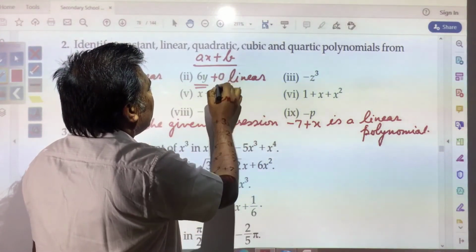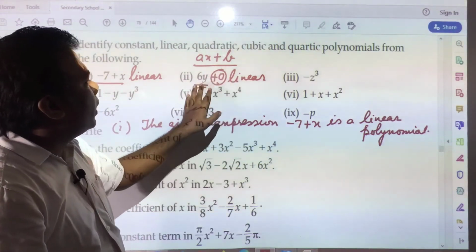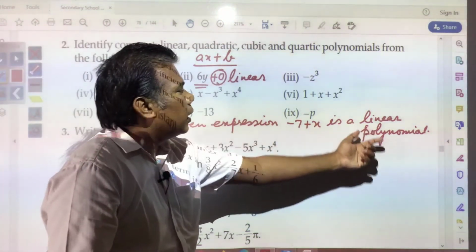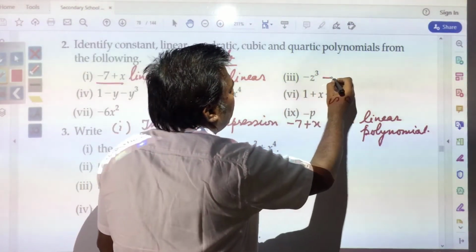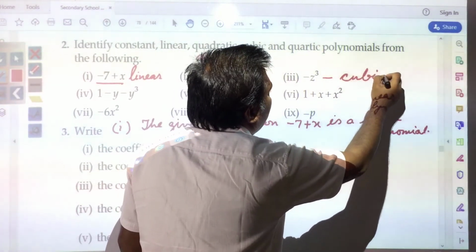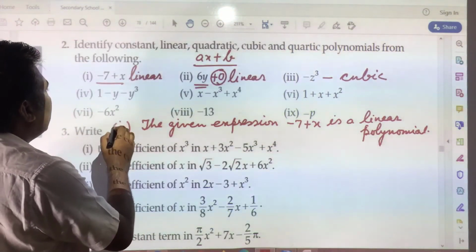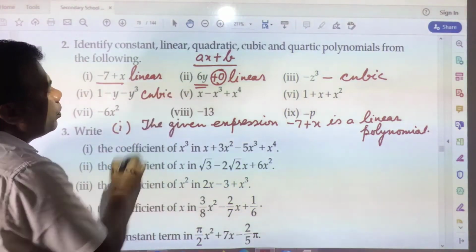This is not required to be written; you only write which polynomial it is. So you write: the given expression 6y is a linear polynomial. Here you see z to the power 3, so this is a cubic polynomial. Then you have y cube, again a cubic polynomial.